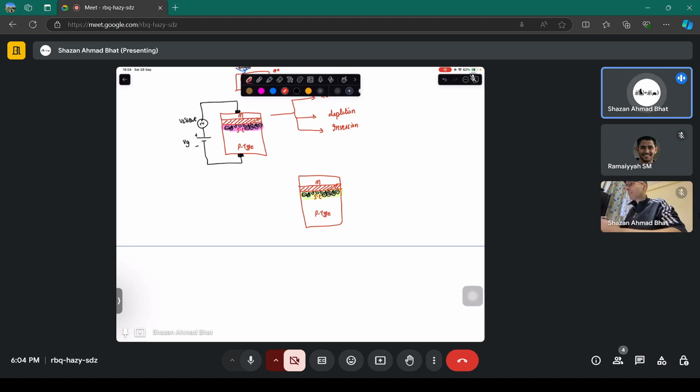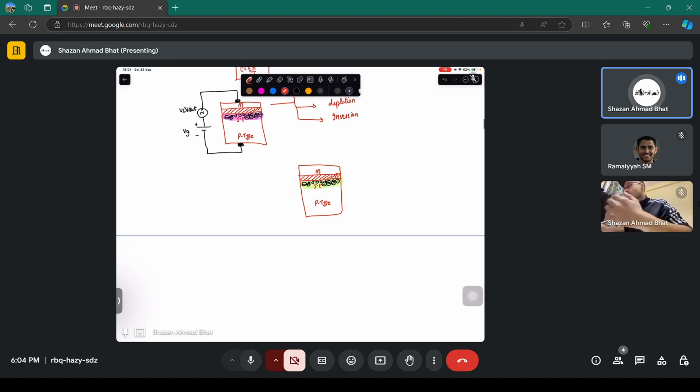You have created this inversion charge, or any sort of charge below the oxide, for it to flow, not just to stay at this location. Now you have to extract these charges, or make them flow.